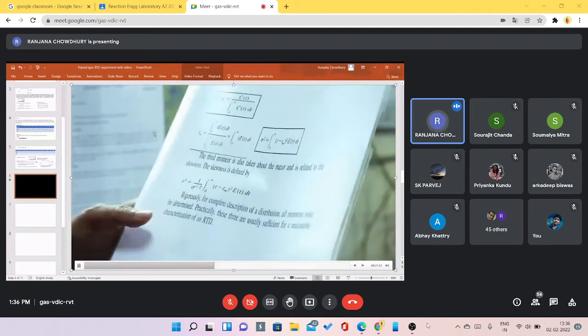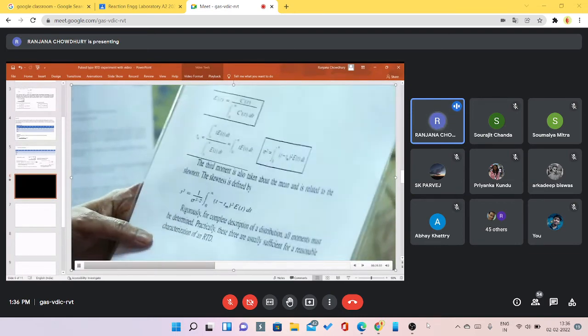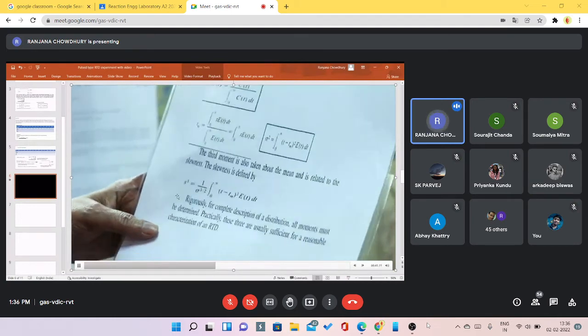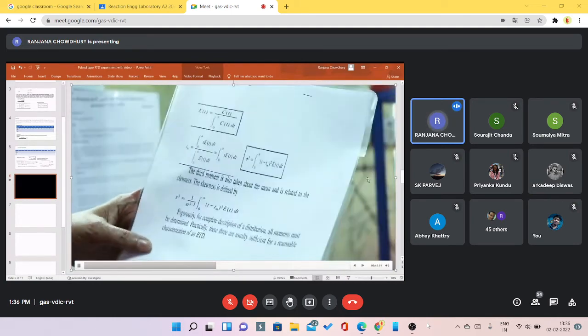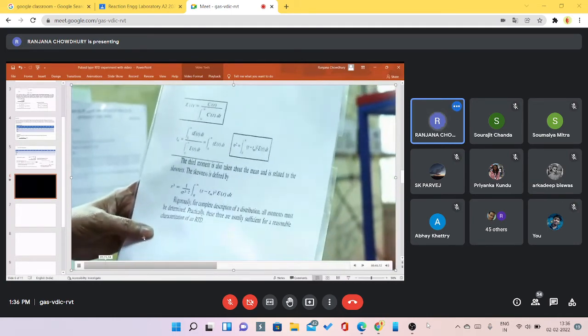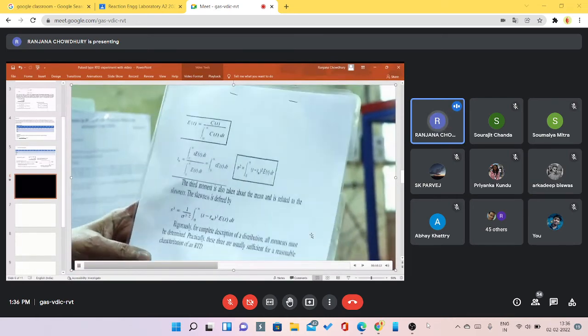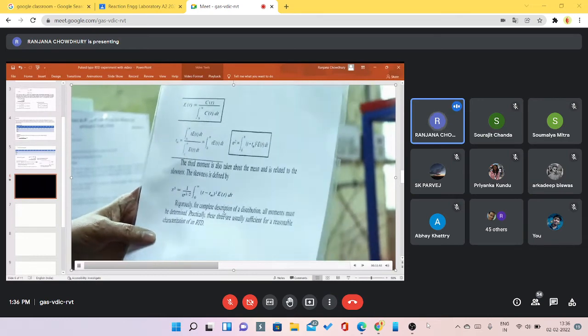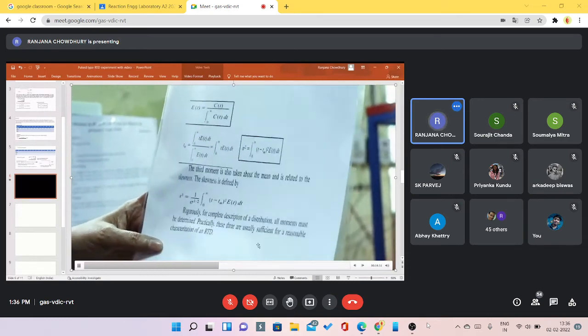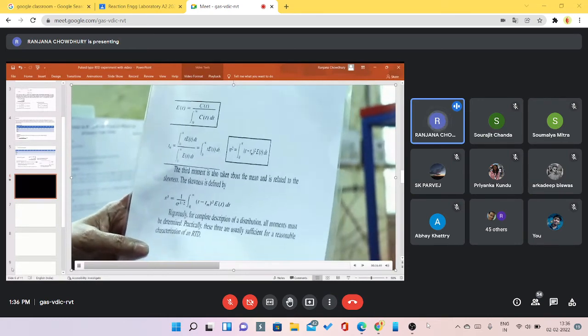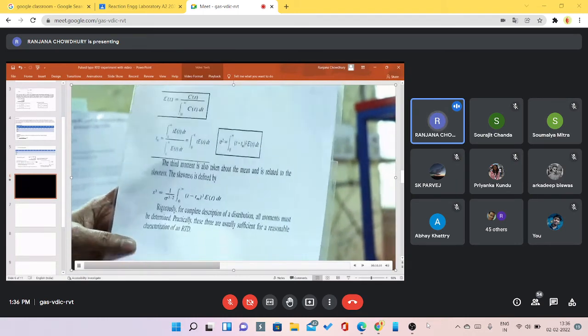Similarly, it is also important to know the third moment of the RTD, which is nothing but the skewness. And skewness is defined by 1 by sigma to the power 3 by 2 into integral of t minus tm whole cubed Et dt, and the integration limit is 0 to infinity.